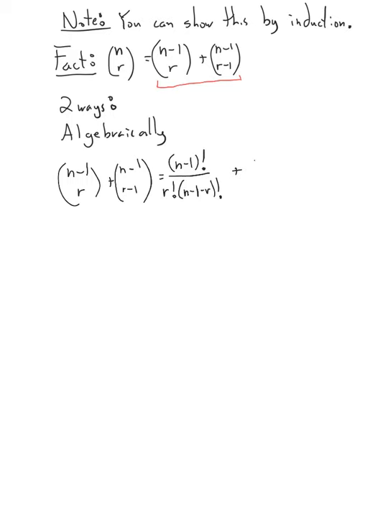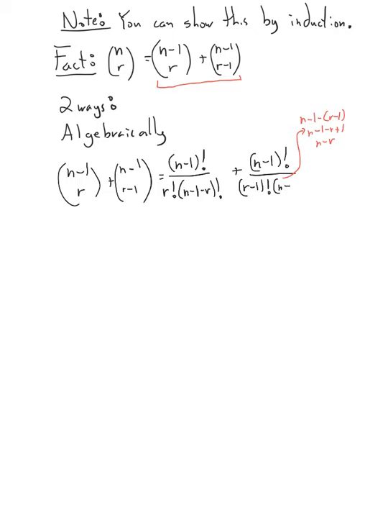And then this is going to be n minus 1 factorial over r minus 1 factorial times, I'll write this out here, n minus 1 minus r minus 1, which is n minus 1 minus r plus 1, which is n minus r.